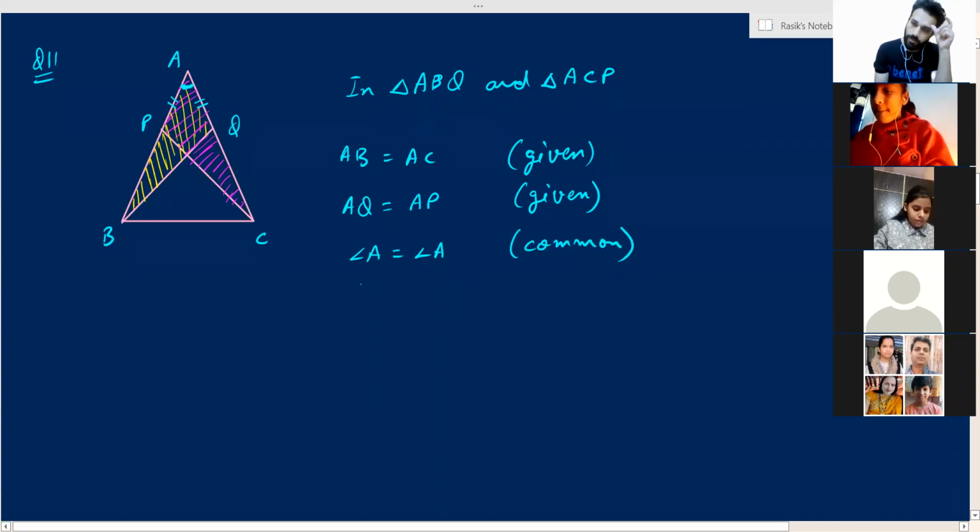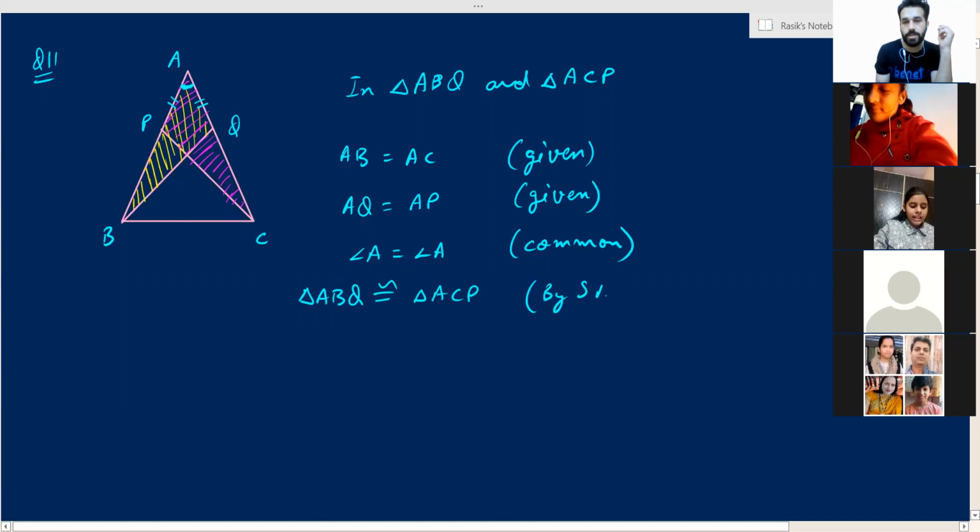Therefore we can say that triangle ABQ is congruent to triangle ACP by SAS. Now the two triangles are congruent, therefore we can say that BQ, look at the last two letters of both the triangles, BQ, CP.